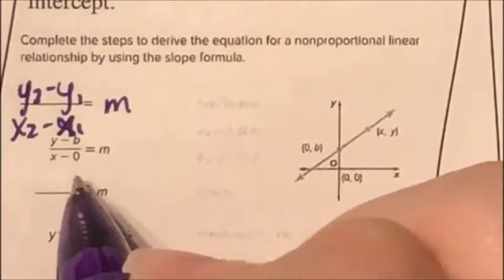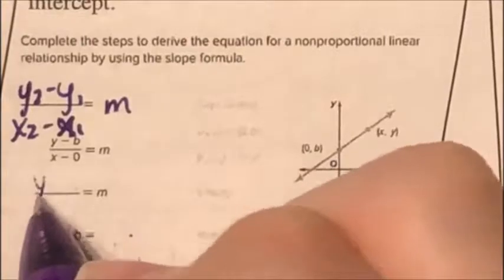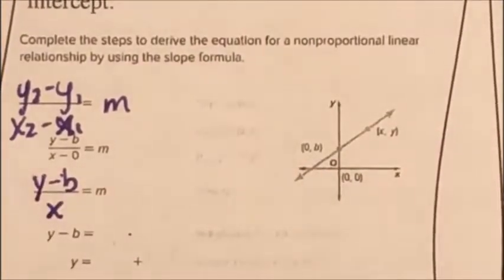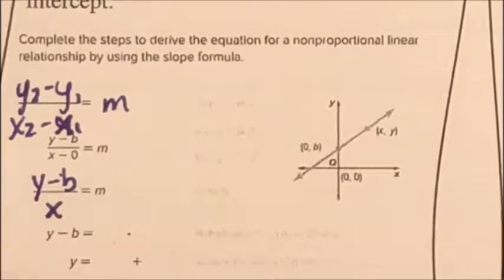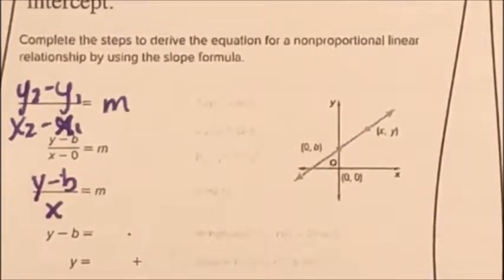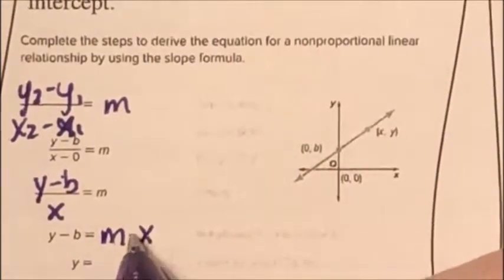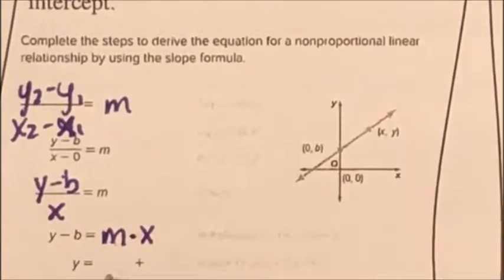y minus b over x minus 0 equals m. So y minus b over x. Okay? Now in order to get the y by itself, I multiply both sides by x. So y minus b becomes m times x. And then I add b to both sides.